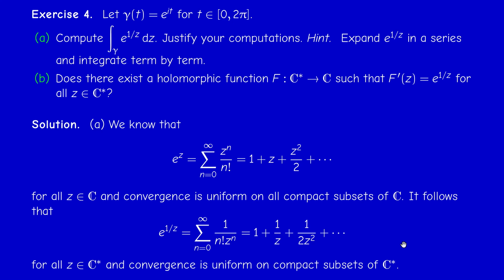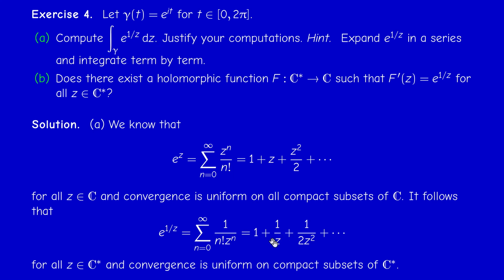Now we observe that the integral of 1 along the circle is 0. Why? You can do it directly because it's the integral of i e^(it) dt. Or second method, you may notice that 1 has an antiderivative, which is z, and by Barrow's rule, the integral over a loop is 0.